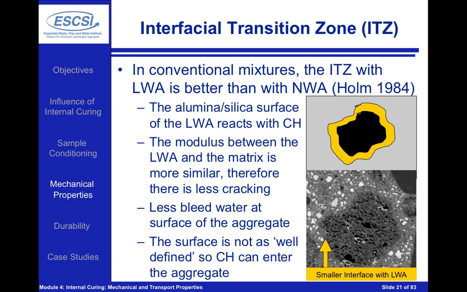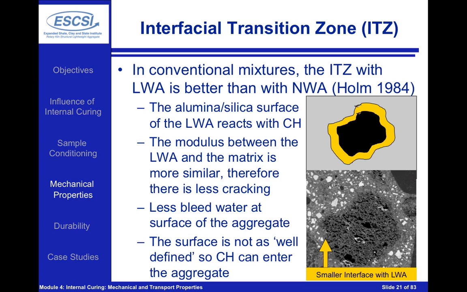What you'll notice is there's a very, very small interface at the aggregate edge, and this is mainly because the alumina and silicate at the surface of the lightweight aggregate will react with the calcium hydroxide and really not have as much calcium hydroxide precipitating on the surface of the aggregate.